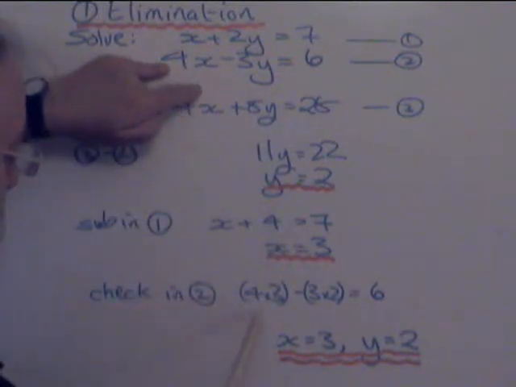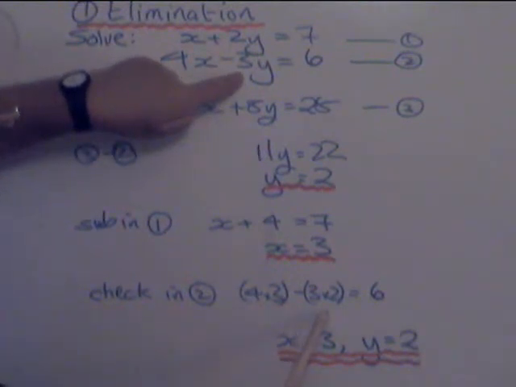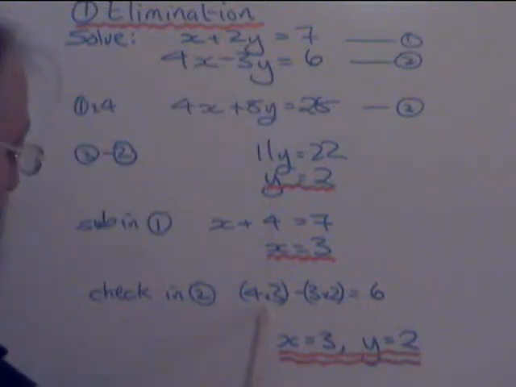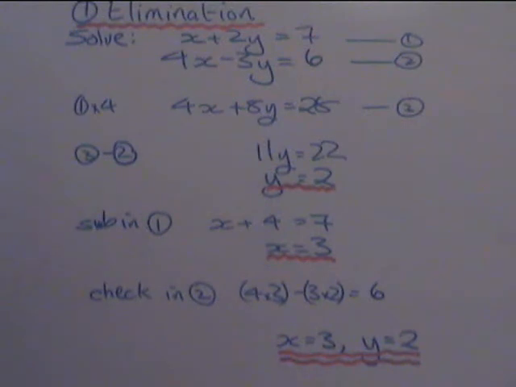So 4x, that's 4 times 3, minus 3y, that's minus 3 times 2, equals 6. Let's see, 4 3s are 12, minus 3 times 2 is 6, 12 minus 6 is 6. So yes, that's absolutely right. So all I need to do now is to write my solution set. x equals 3 and y equals 2.